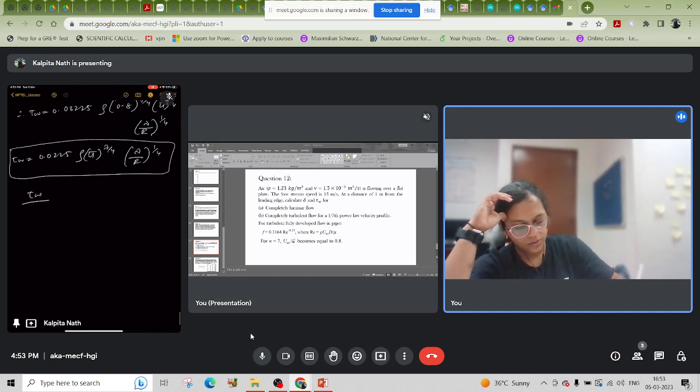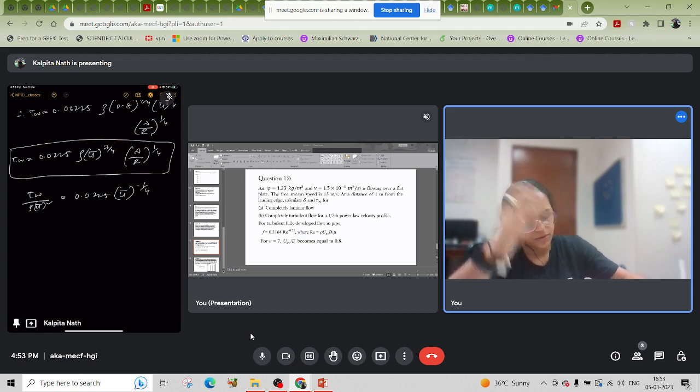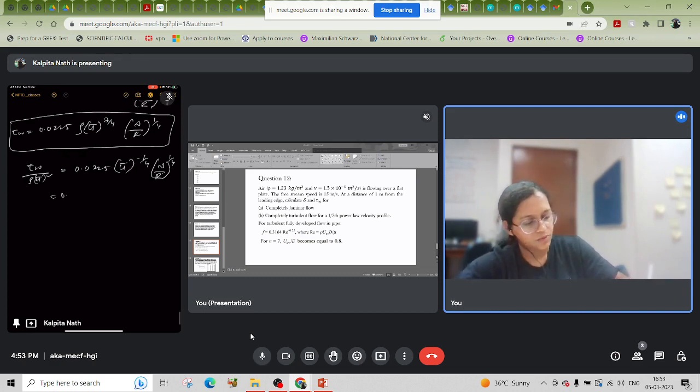Now tau w by rho U bar square is equal to 0.0225 U bar to the power minus 1 by 4 and nu by R to the power 1 by 4. This gives 0.0225 nu by U bar R to the power 1 by 4.